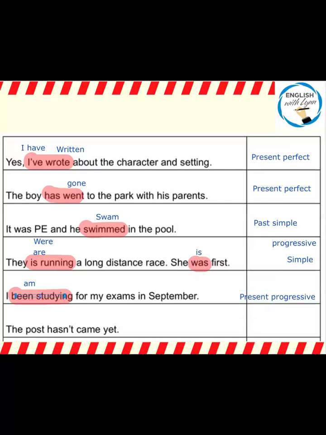If you are saying I have been studying, that would be the present perfect progressive. Okay, so I'll just put that bit on there as well, because some of you might find that that is your situation.